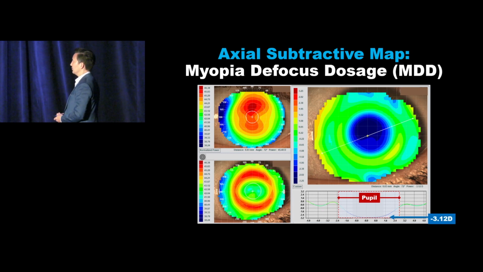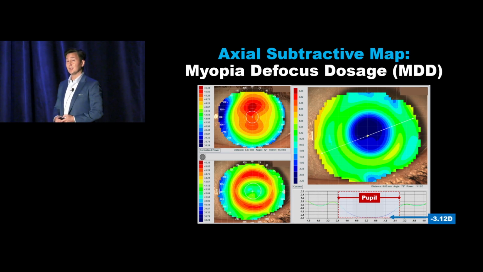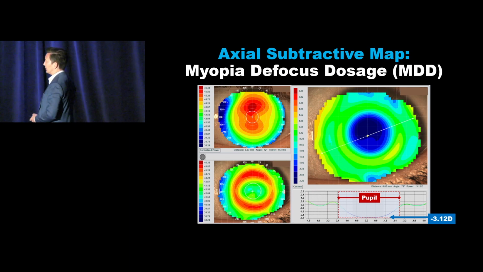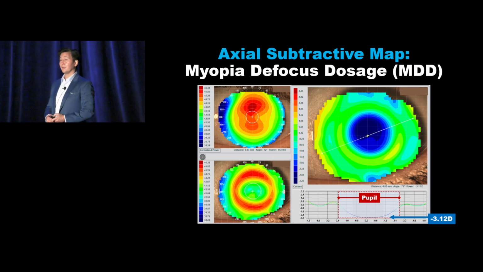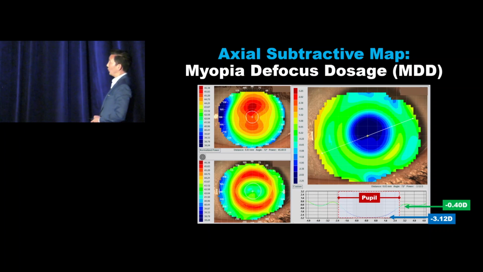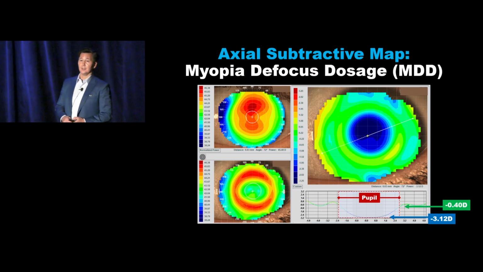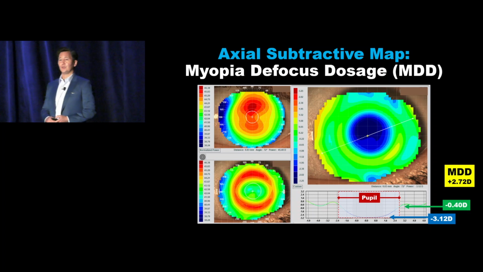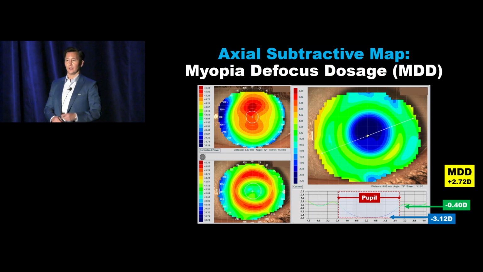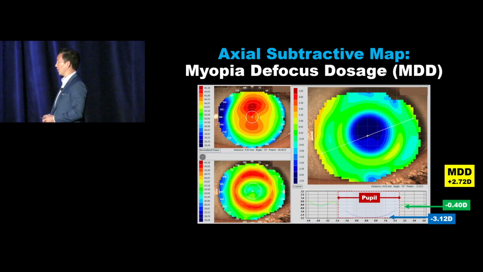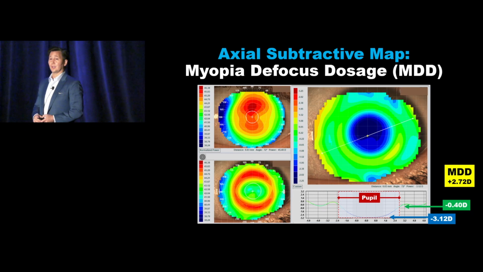So what I might do is look at the most minus in the center. In this case, we're creating 3.12 diopters. At the border of the pupil, we're creating 0.4 diopters. The difference between them is 2.72. So most minus 3.12, least minus at the border of the pupil, minus 0.4. The difference is about 2.75.